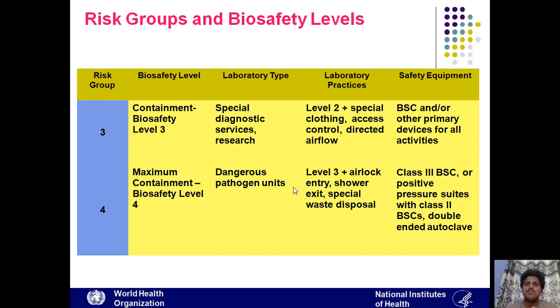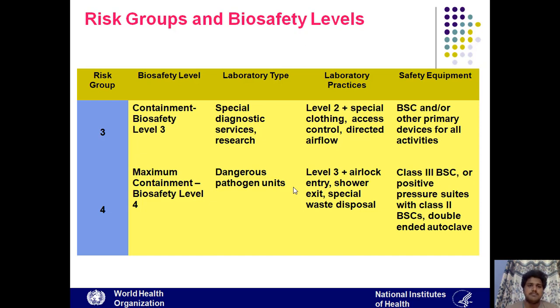Here, along with all the things present in level 2, there is special clothing and access control, so it is accessible only to a few, and directed airflow is used in this containment biosafety level 3. Then what is the safety equipment here? The biosafety cabinet, and along with that other primary devices for all activities. What these primary devices are we will learn.